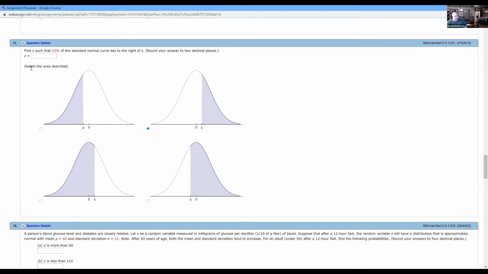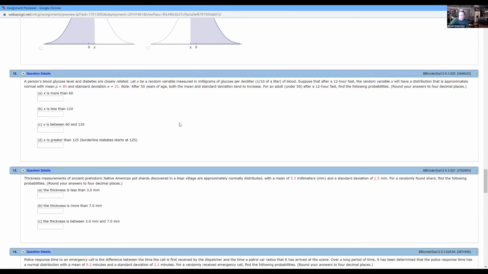You're pointing, but I can't hear you. 0.35. Correct. If it's to the right, you do a subtraction. How about that as a little sentence? If it's to the right, you do a subtraction. And if it's to the left, you leave it alone. Oh, that rhymes. Left, leave it. Right, left, you leave it. That'll work for me.